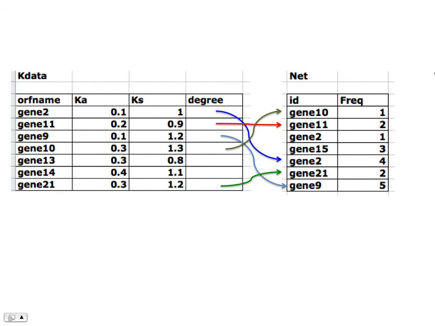So let me see. We have to put this one. Basically, frequency is the column we want to move, so frequency in net, and how do we call the column? We use a $ sign there.